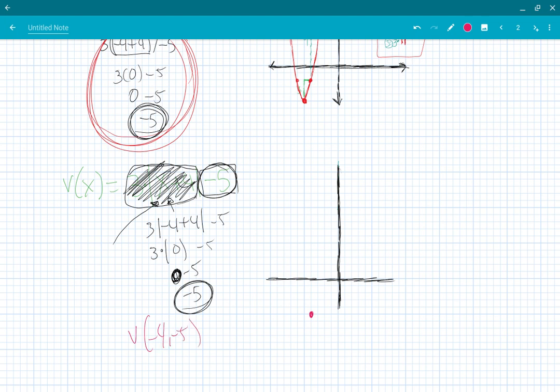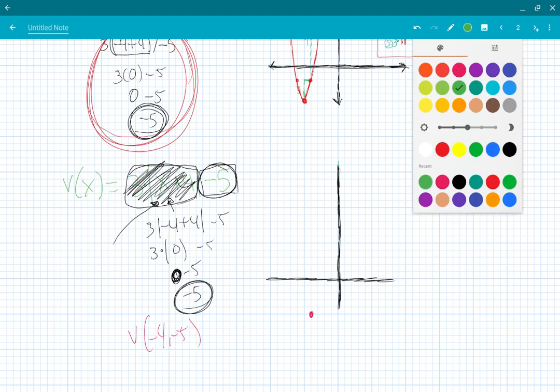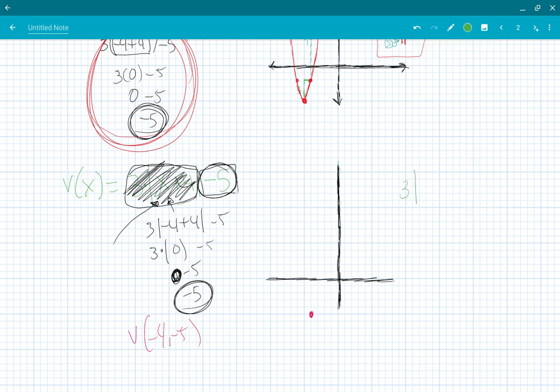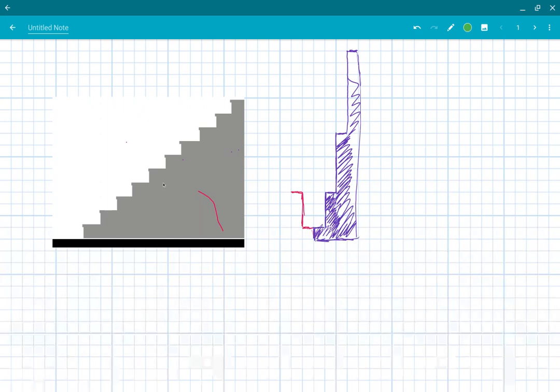Now this is not a quadratic. So what are our step sizes? Are they going to stay the same, or are they going to change? You can look at your notes from previous. With absolute value, do the steps stay the same, or do they increase?